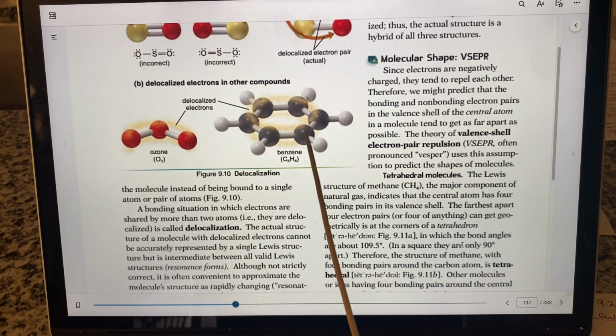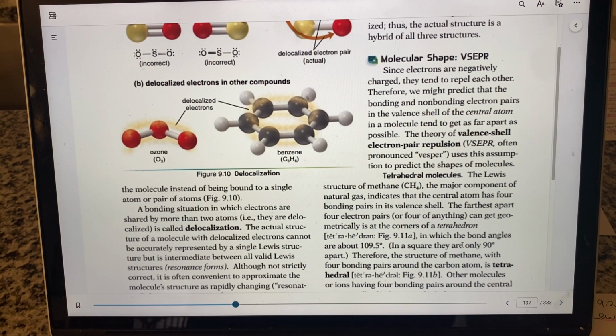So here we have the carbon atoms and all the hydrogen, but you also have delocalized electrons in the midst of this. So it looks like it has double and single bonds and everything, but really they're electrons that are flowing in between them. So that's all that delocalized means. It's just a bonding situation in which electrons are shared by more than two atoms.